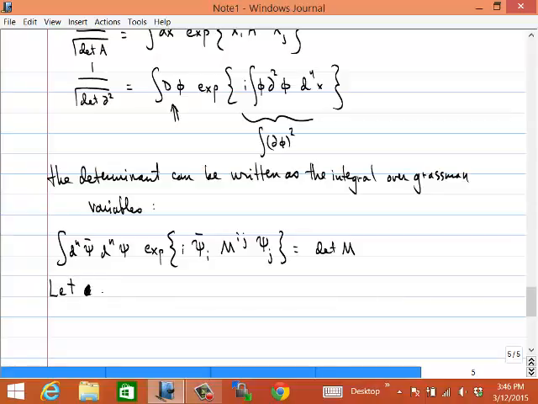So let's introduce a field, I'll call it C, which is a complex Grassmann, that is to say, anti-commuting scalar field.